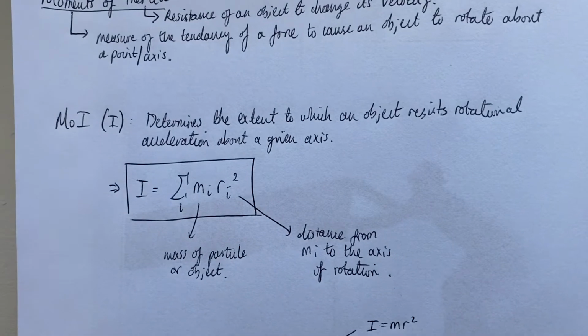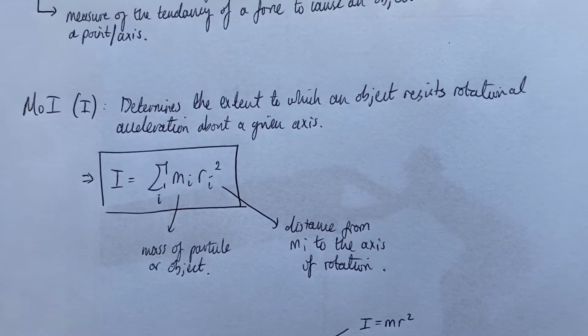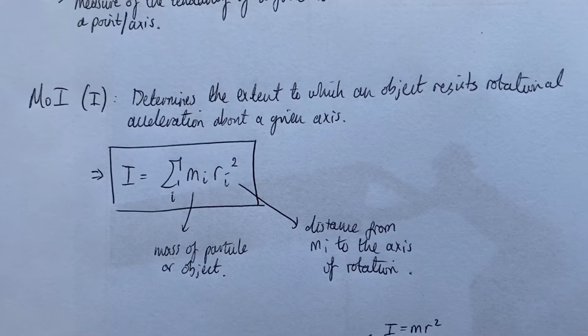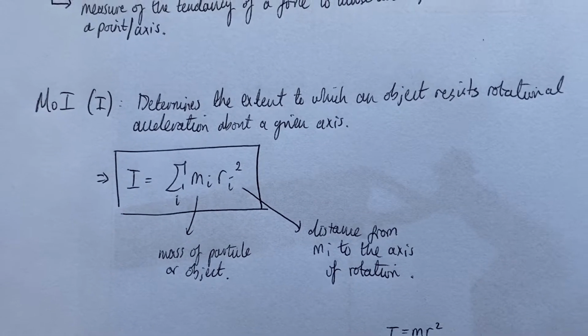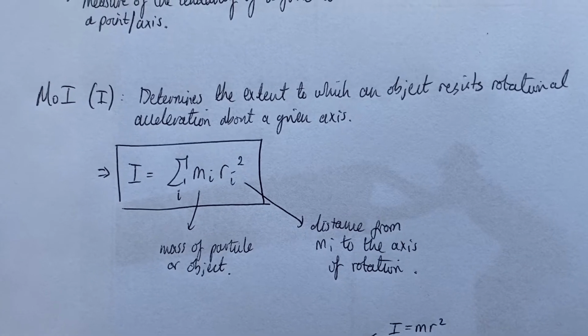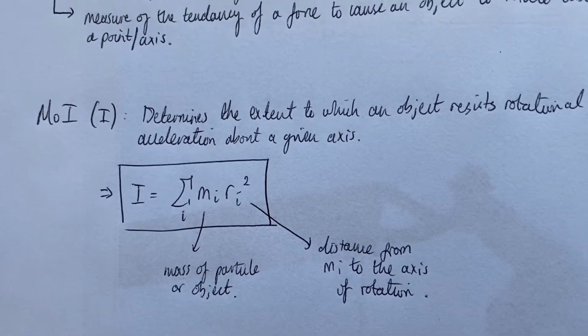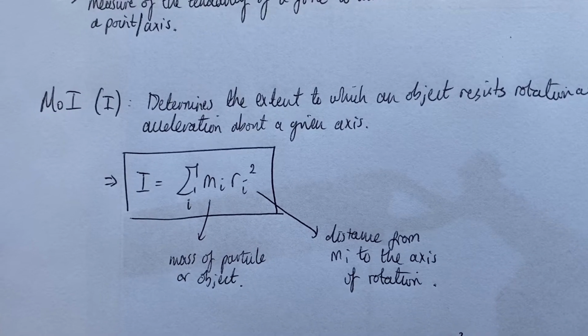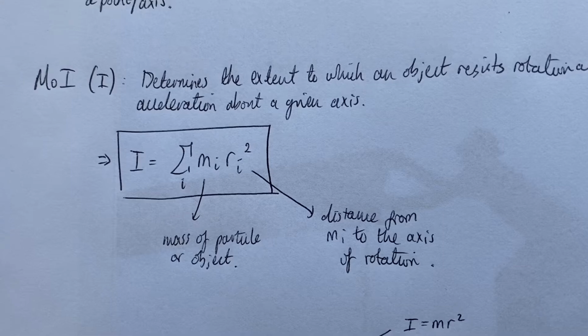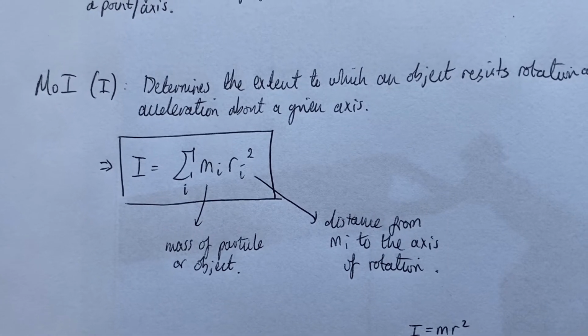And we calculate the moment of inertia by multiplying the mass of an object with the distance of that mass from the axis of rotation. And if we have more than one object or more than one particle that's rotating, we sum all of the individual pieces up.